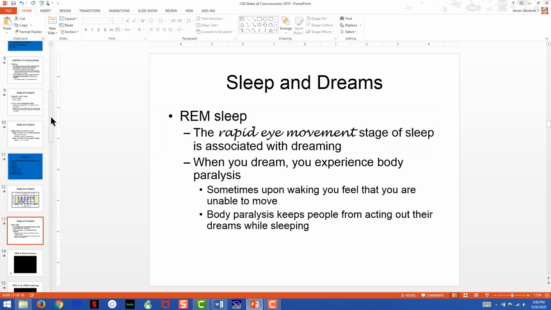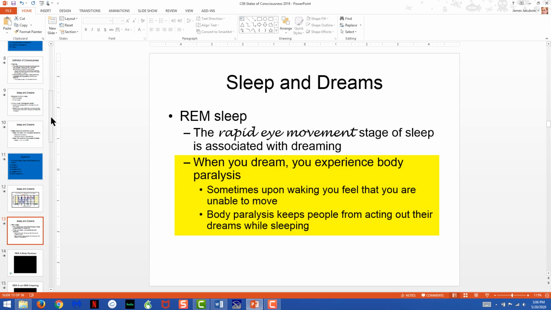Now, when a person has REM sleep and they are dreaming, one of the things that you're going to see is body paralysis. Body paralysis is a process by which all of the outgoing messages from your primary motor cortex are blocked in your brainstem so that the activity of your primary motor cortex never actually reaches your muscles and makes your body move.